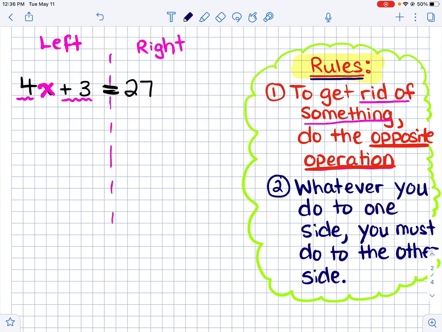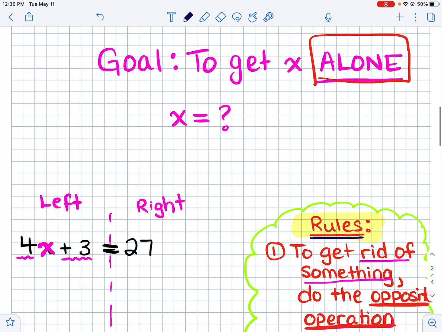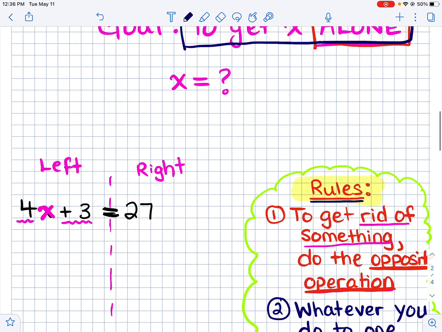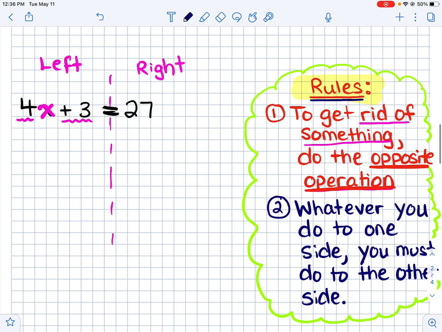Okay, so always start with your adding and subtracting ones. So how do we get rid of a plus 3? We want to get rid of it because our goal is to get x alone. So to get rid of this plus 3, I'm going to do the opposite operation. I'm going to subtract 3.